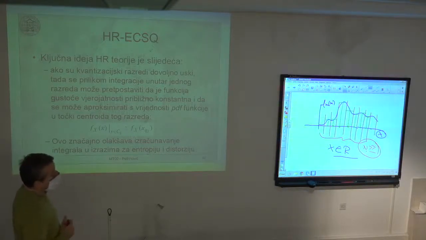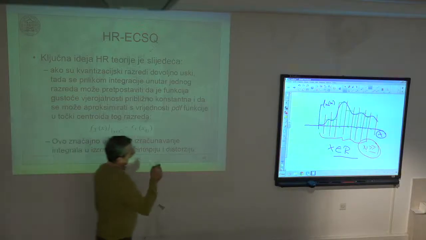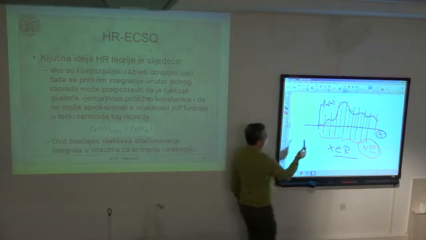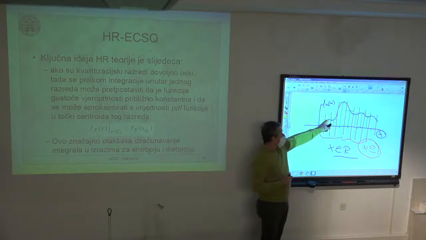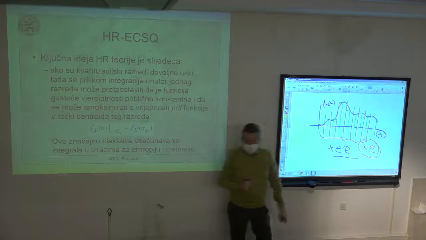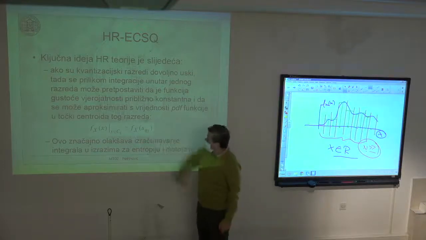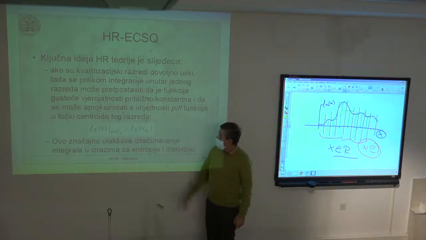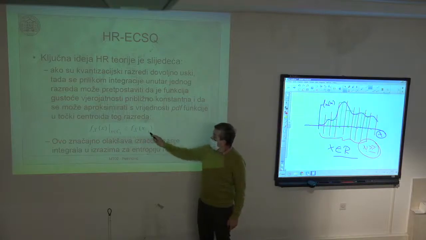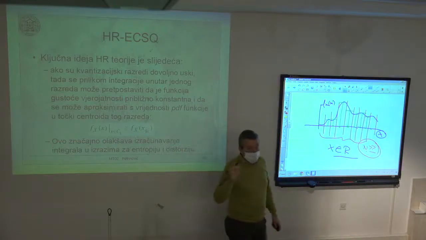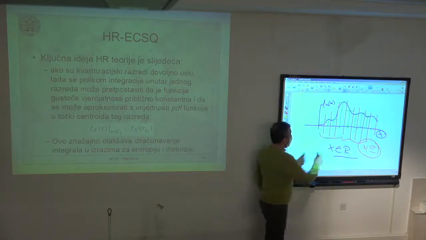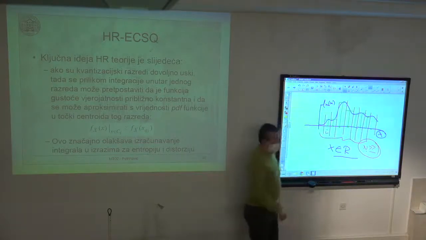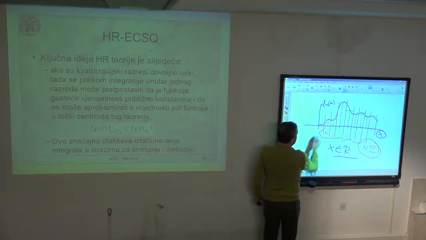And with such an assumption, we can approximate that this PDF can be substituted with a constant PDF at the position of the centroid. Okay? So this xqi is the ith centroid, the central value of the interval corresponding to index i.